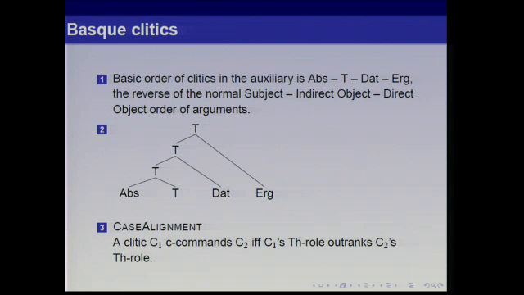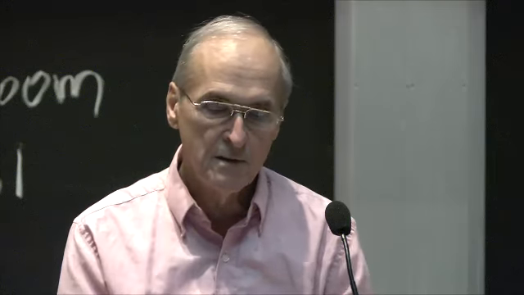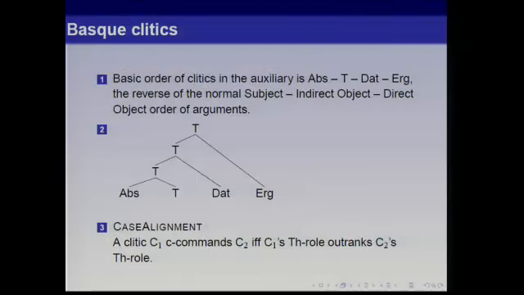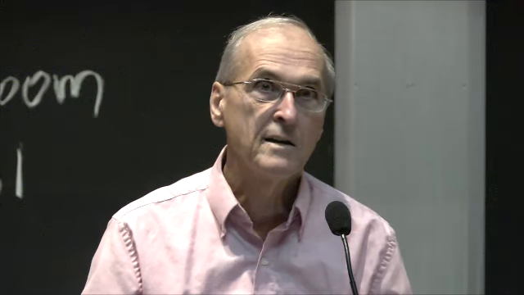So essentially, this is the reverse of the order of the nominal arguments, which themselves reflect the hierarchy of theta roles. So in the canonical word order, you get the ergative, then the dative, and then the absolutive object. And this is just the mirror image of that, which I'm speculating reflects a constituency within this clitic complex.